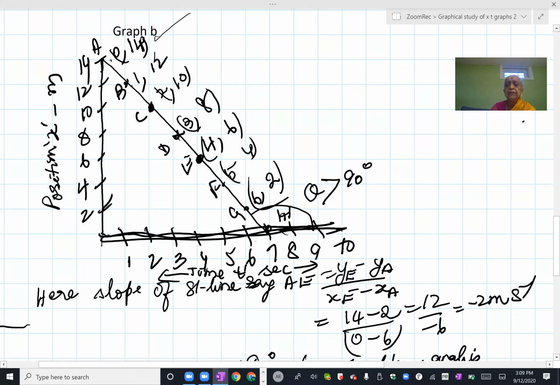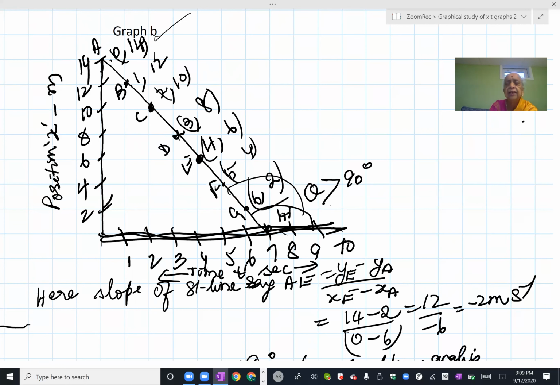Therefore, the angle that it makes with the positive x direction is greater than 90, and tan of an obtuse angle is negative, which is what trigonometry will tell you. And therefore the body has a negative slope. That means a change in position by time is going to give a negative answer. It means the velocity is negative.